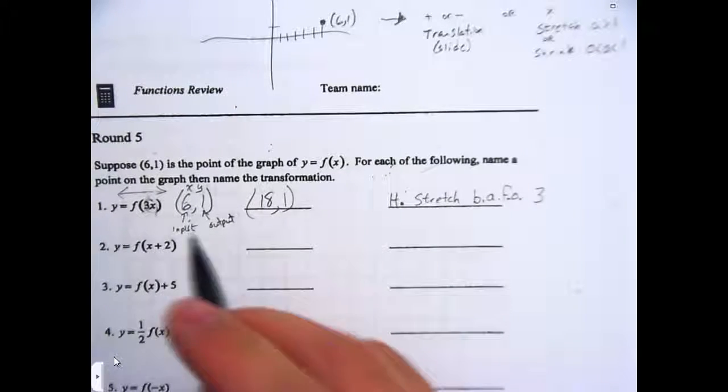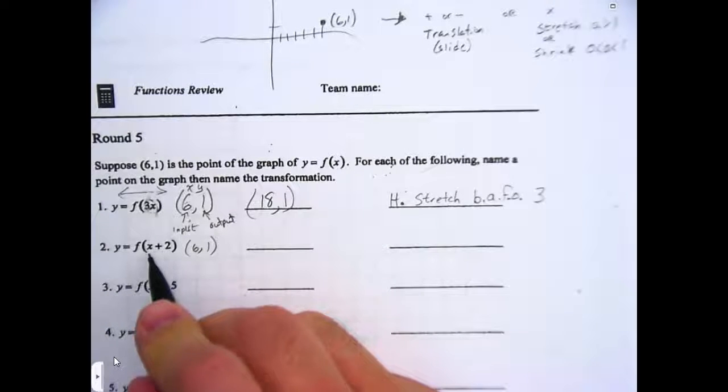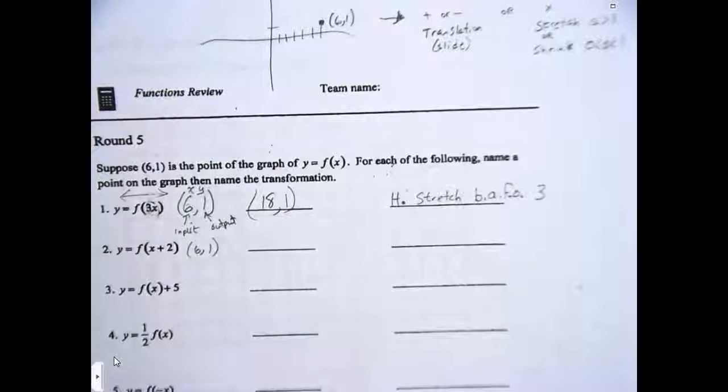Okay, we're using the same point again. (6,1), we start with (6,1). Tell your neighbor, is it horizontal or vertical? How many say horizontal? How many say vertical? Is it inside or outside? How many say inside? How many say outside?